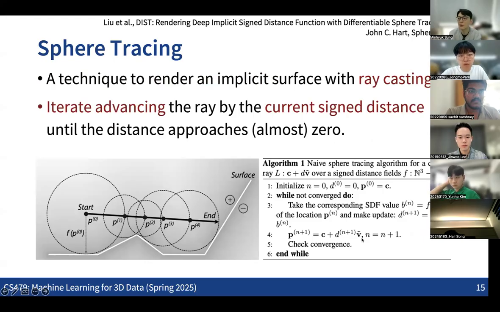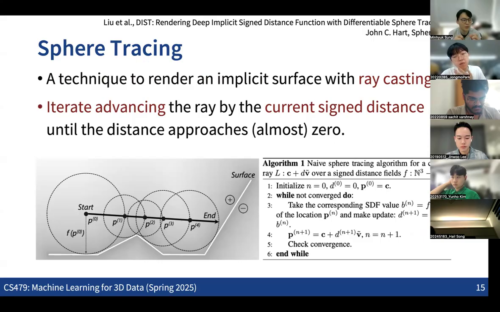The good thing about having the signed distance function compared to the occupancy function is that for every point in the 3D space, we have the information of the distance to the closest point on the surface. That's the meaning of the signed distance, right? If the point is already inside the object, there's nothing we can do.